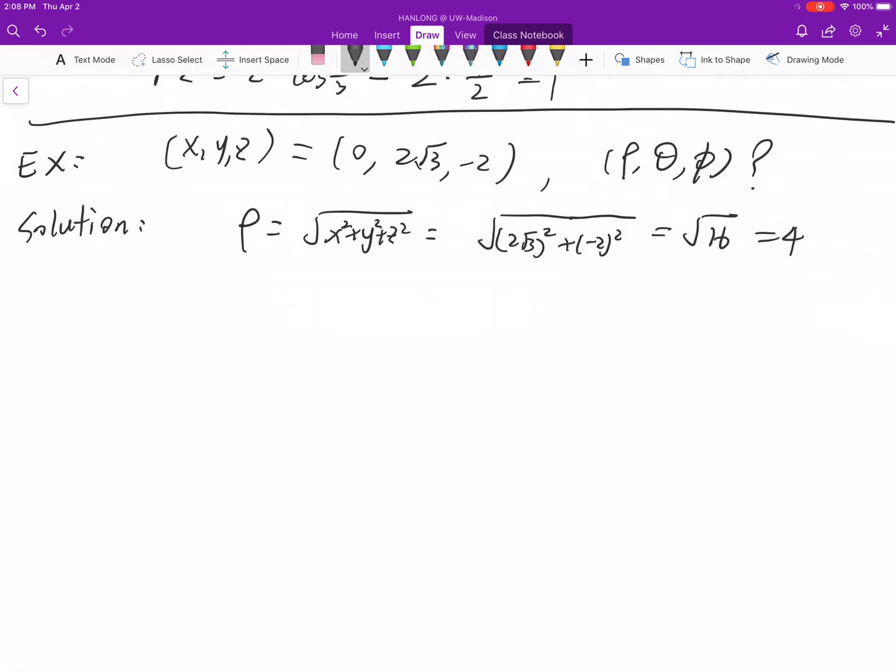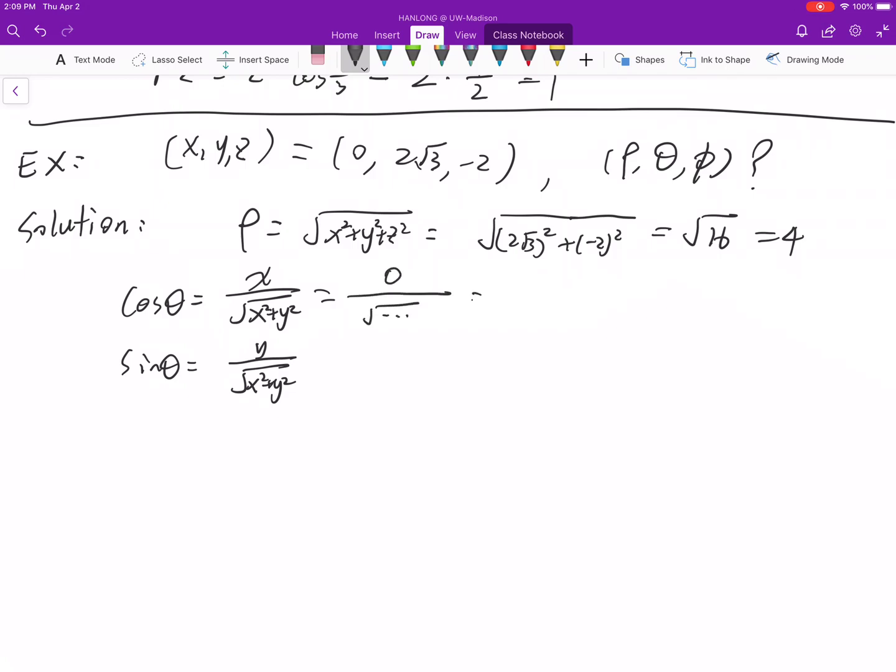And then theta, we only know cosine theta is x divided by the square root of x squared plus y squared. Sine theta is y divided by the square root of x squared plus y squared. So for this one, cosine theta is, because x is 0, no matter what, it is 0.